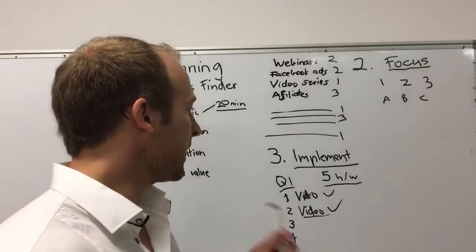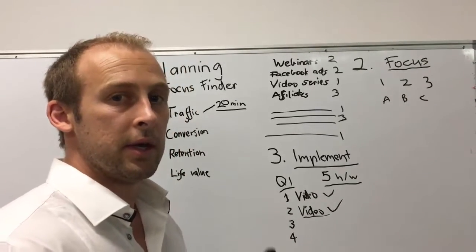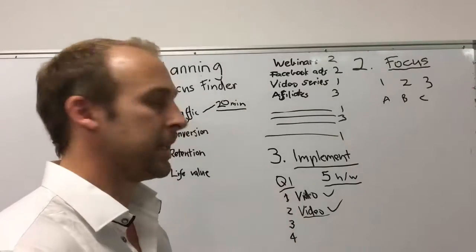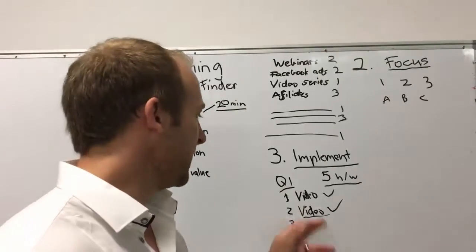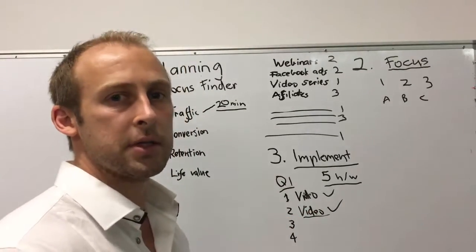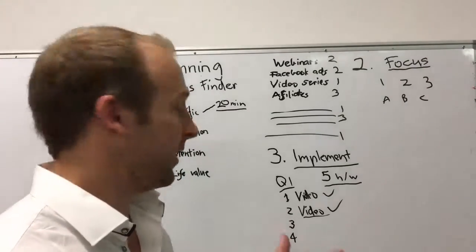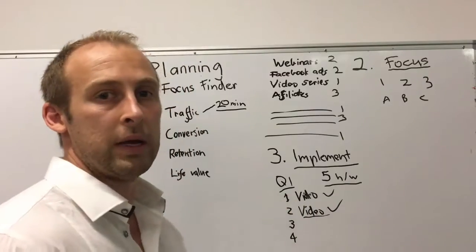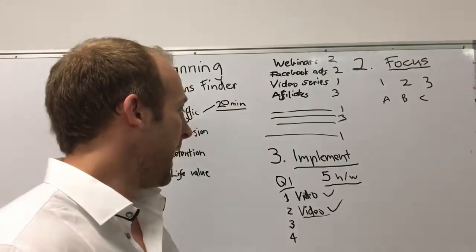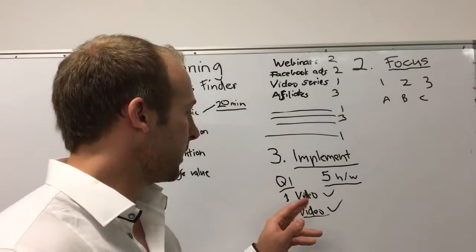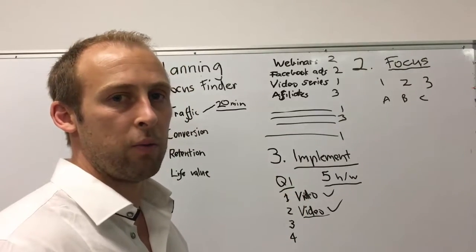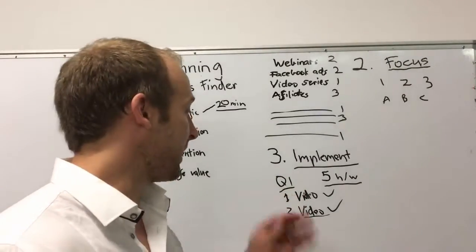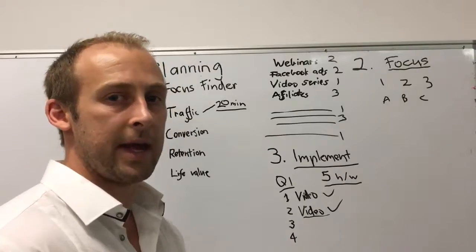So the key is implementation, because the value of speed of implementation is we can start to get feedback. This idea might be completely useless, but we think it's going to be good, but we don't know until we implement and get feedback. It might not be perfect when we release it, but we might get feedback, and then we can tweak it and improve it and enhance it.